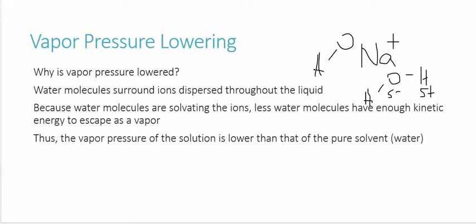And so some of the water molecules are surrounding the ions. You also have chloride ions down here, and the water is doing the same thing. It's surrounding those ions. Well, because water molecules are solvating the ions, fewer water molecules have enough kinetic energy to escape as a vapor, and so the vapor pressure of the solution gets lowered.